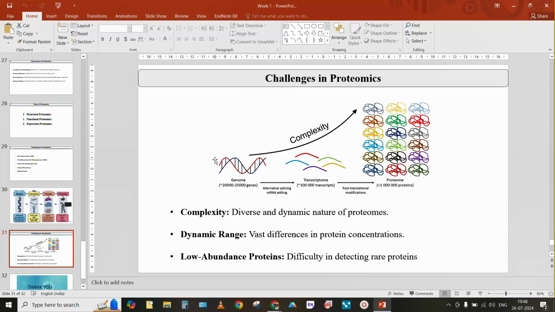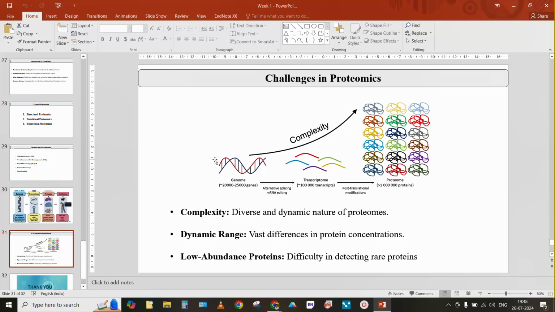Proteomics faces several challenges, including protein mixture complexity, the dynamic range of protein concentrations, and the detection of low abundance proteins. Despite these challenges, advances in technology and methods continue to enhance our ability to study the proteome.